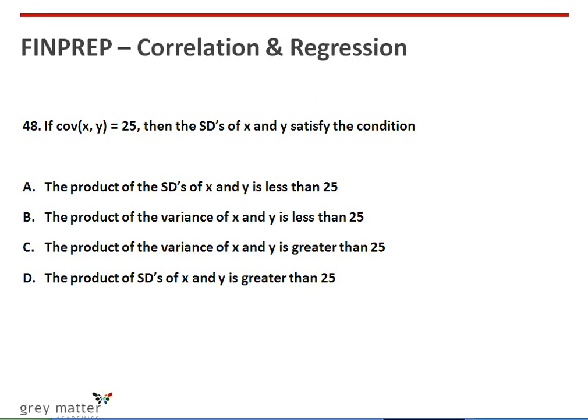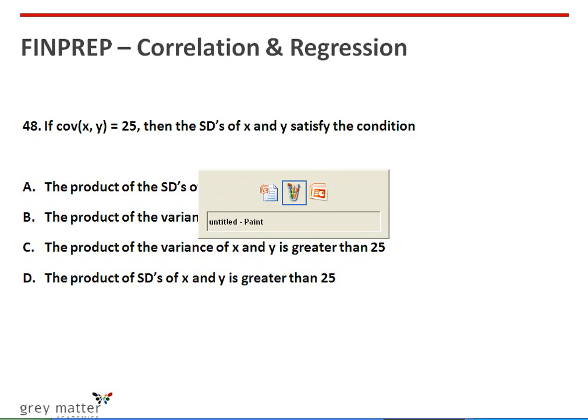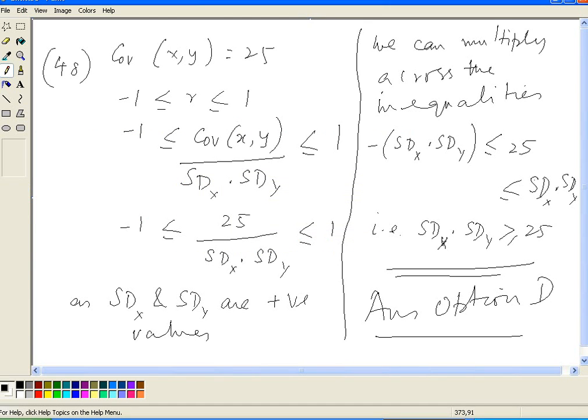48th question. If covariance of x comma y is 25, then the standard deviations of x and y satisfy which of the following conditions? Going to our work area, covariance is given to be 25. We know that minus 1 is less than or equal to the correlation coefficient r of x comma y, and that is again less than or equal to 1.